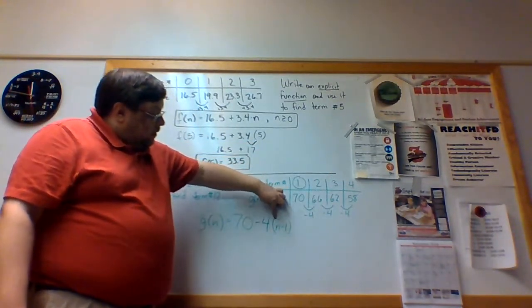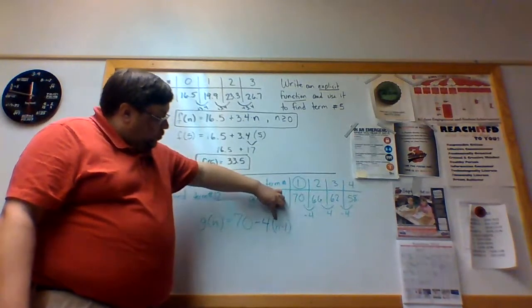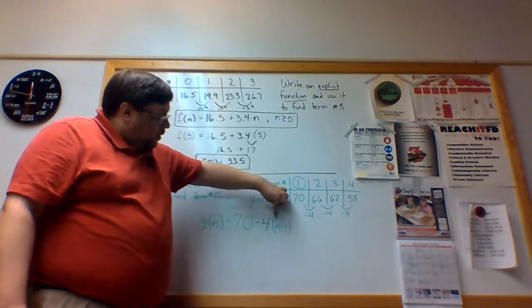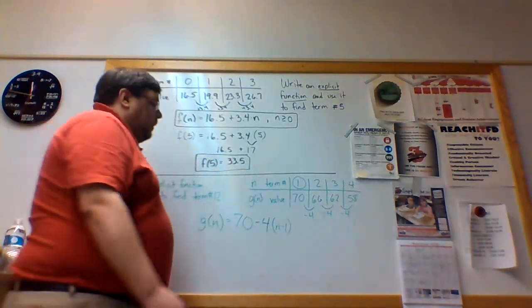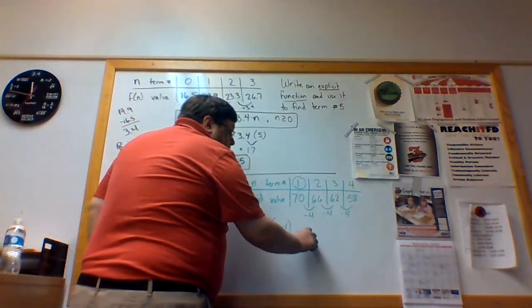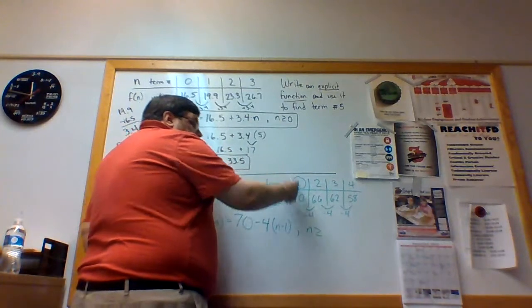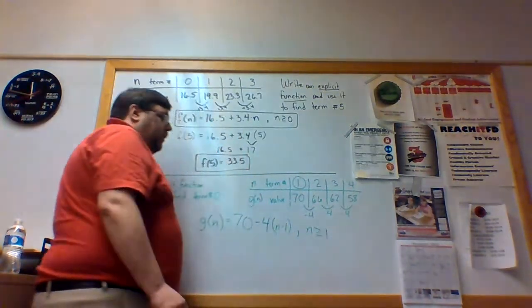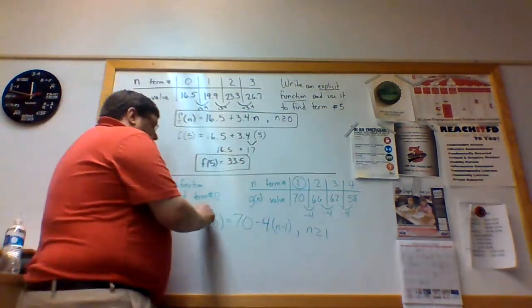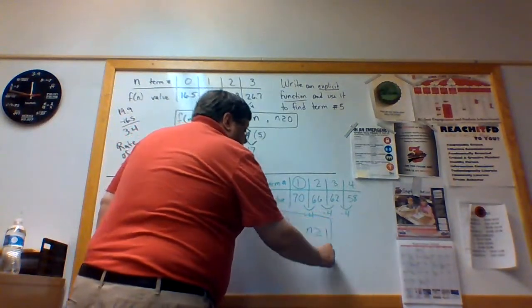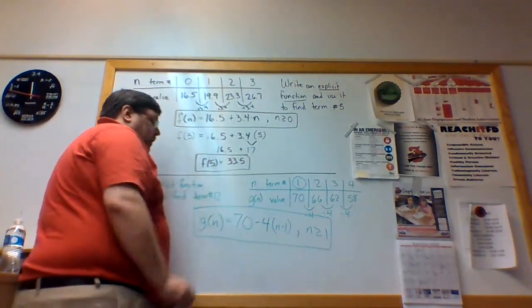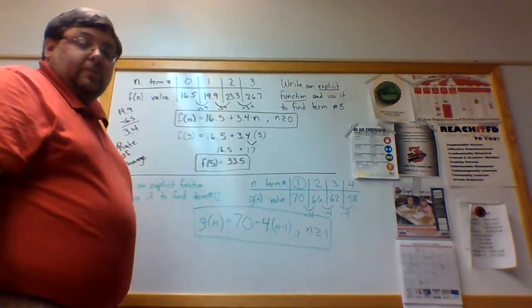This would be 3 minus 1 or 2, so we'd say 70 minus 4 twice. And then my domain, n is greater than or equal to 1, because the sequence started from 1 this time. So that right there is the explicit formula.